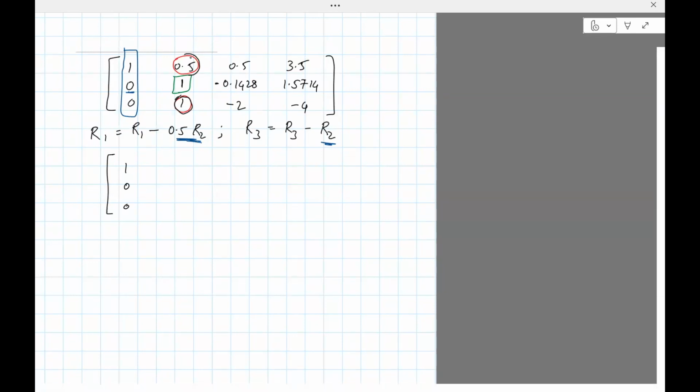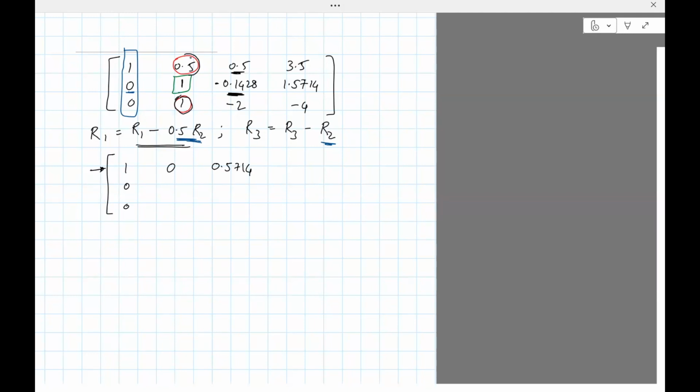Okay, now let's do this calculation. Row 1 minus 0.5 row 2. So 0.5 minus 0.5 times 0, which will be 0. Next will be 0.5 minus 0.5 times 0.1428. That actually comes out to be 0.5714.